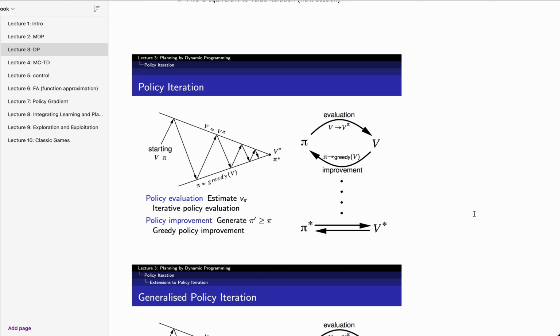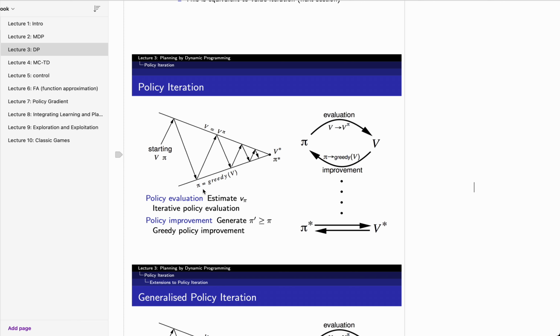I got quite confused when I first looked at these slides. I don't know why it's doing like this. It's starting at v pi, and then why it's bouncing back and forth, and then it reaches the optimum state value functions.